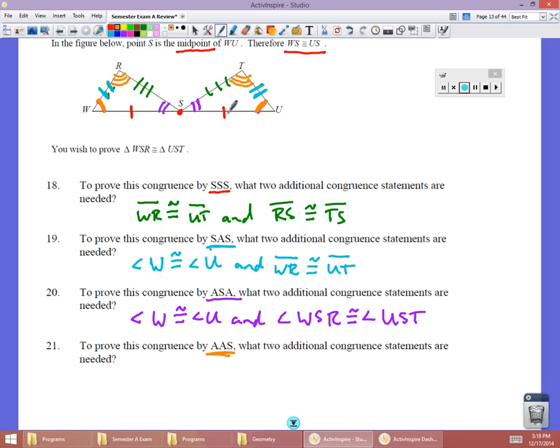So those angles, again, we're going to have angle W congruent to angle U, and we also need to have angle R congruent to angle T.